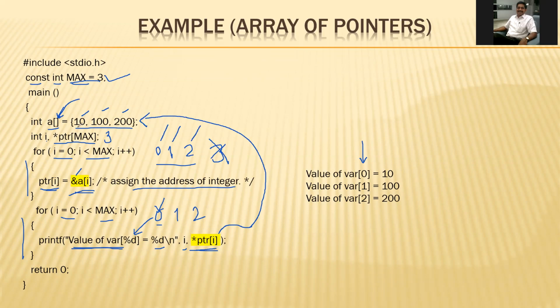Which are those values? The first value is 10. So variable of 0 value will be 10. The next value will be 100. And the next value. This is the execution of array of pointers.